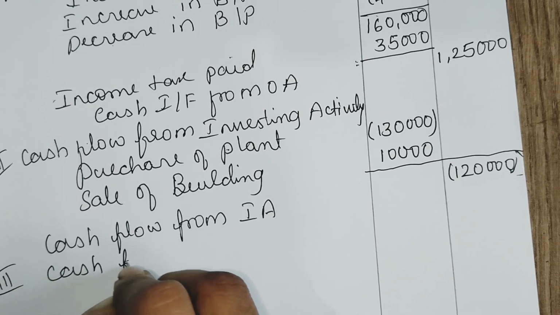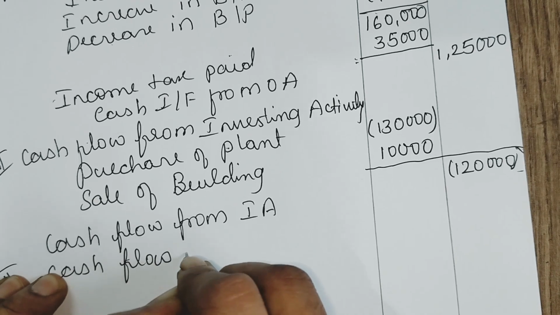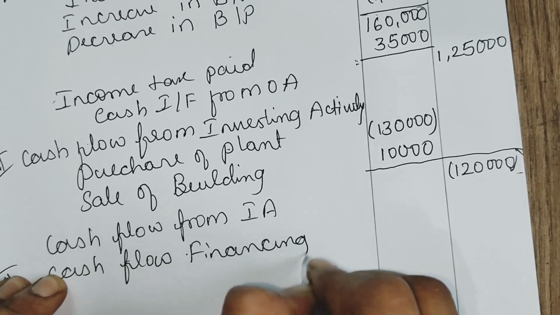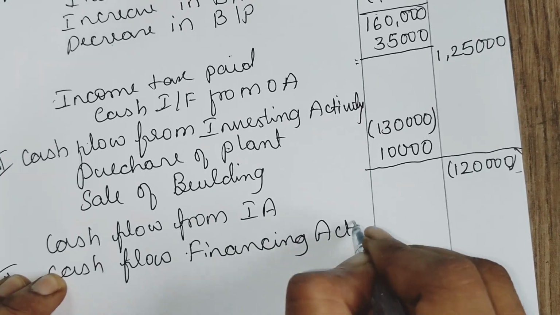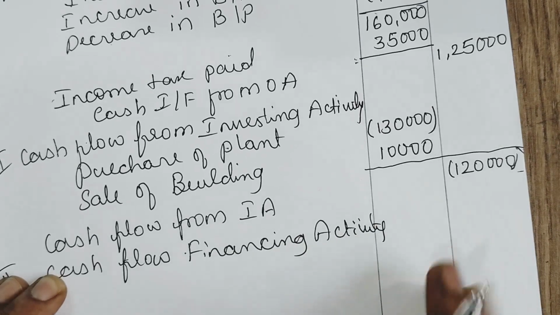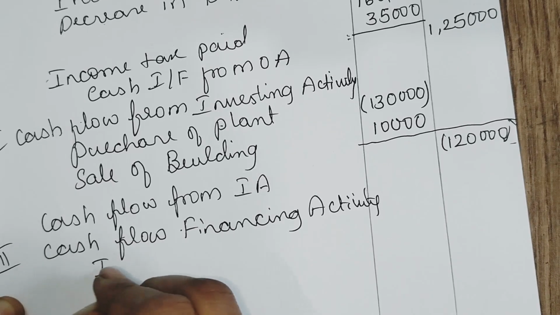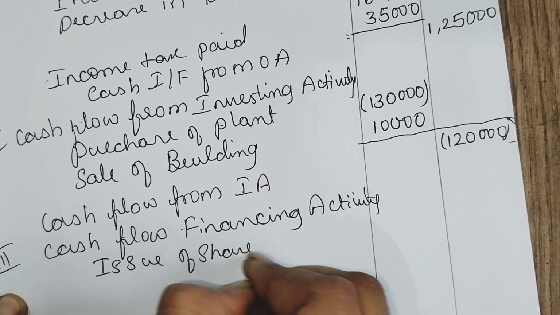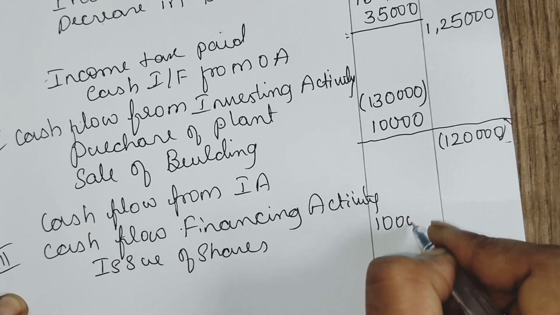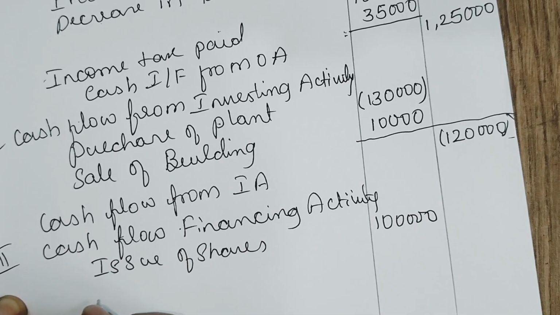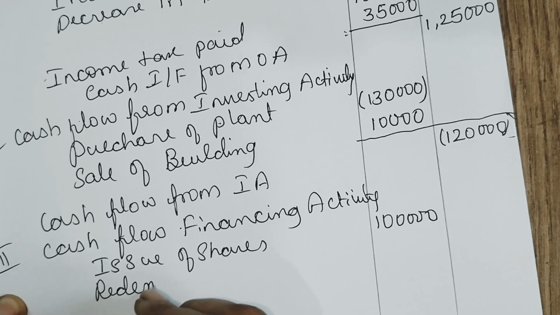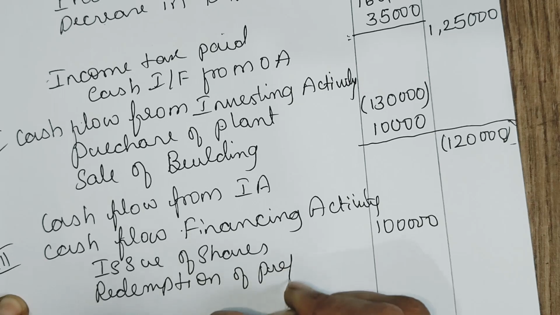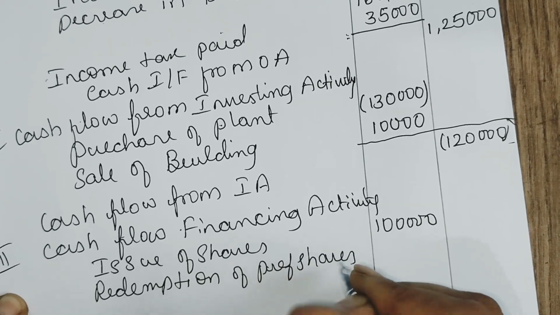Then cash flow from financing activity. Financing activity, issue of shares. Issue of shares 1 lakh. There is a redemption of preference shares 50,000.